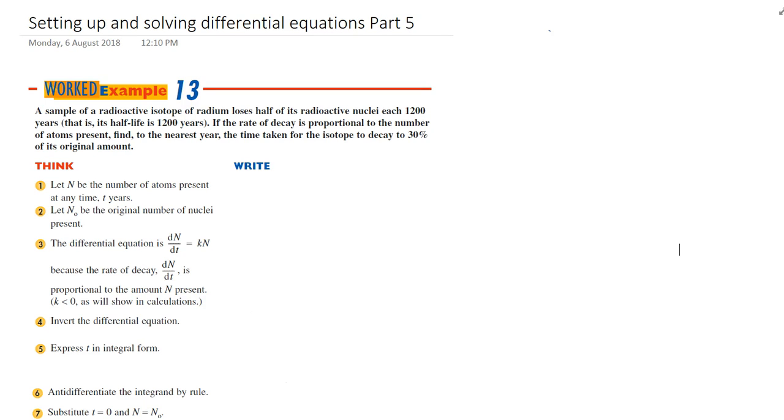Now we can write this as, so the rate of decay is proportional to the number of atoms present. So the change in the number of atoms, which I guess will be N, with respect to time, is going to be equal to K times the number of atoms present.